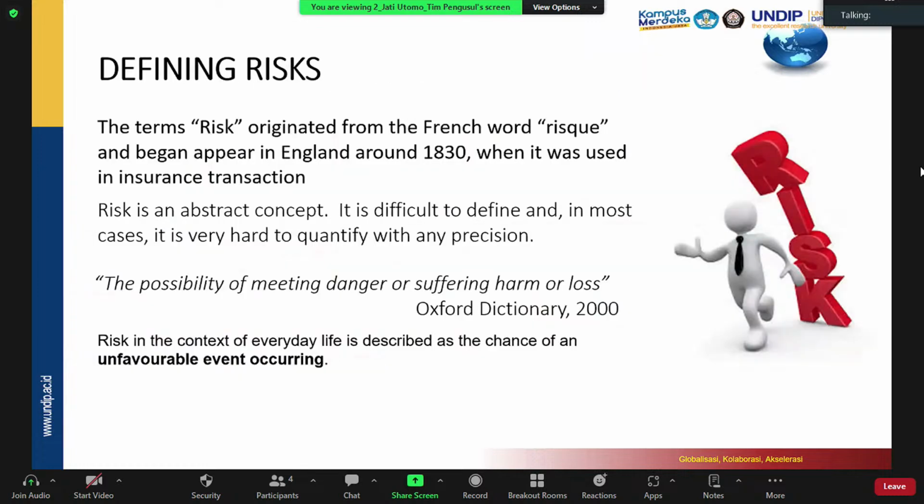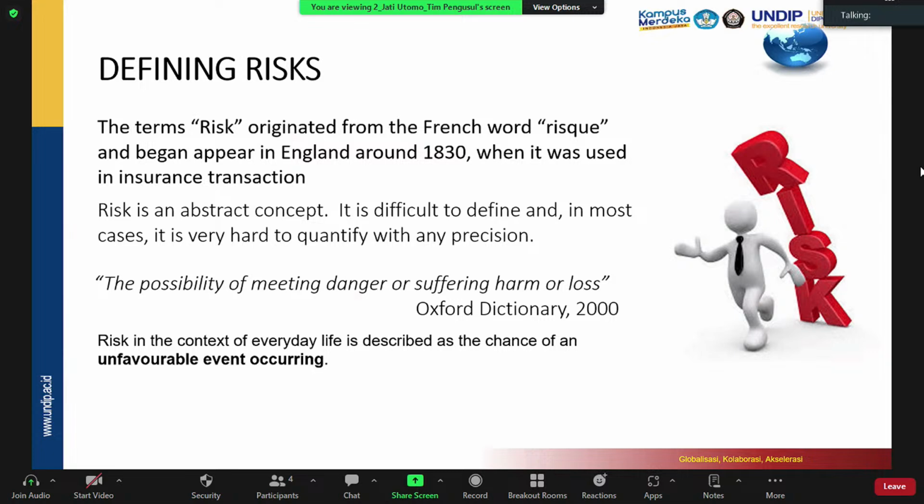So defining risk is not always easy because it says here risk is an abstract concept, difficult to define, and in most cases it is very hard to quantify with any precision. If we look at how the Oxford Dictionary tried to define risk, it says the possibility of meeting danger or suffering harm or loss.